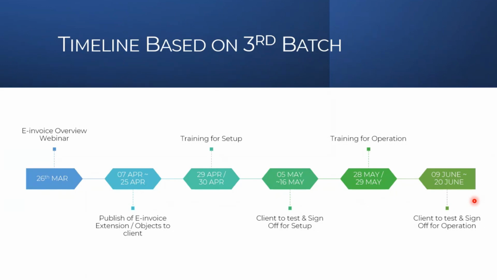This will be our expected timeline for the deployment. Tentatively it won't have any changes. I hope this timeline will give you a mental preparation for the trainings and also the hands-on sessions.